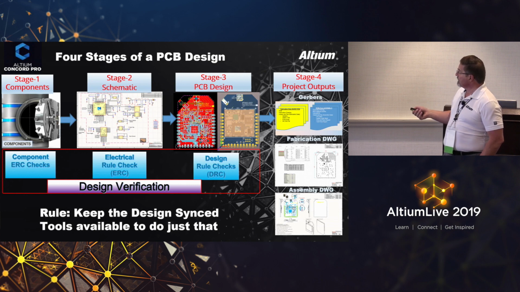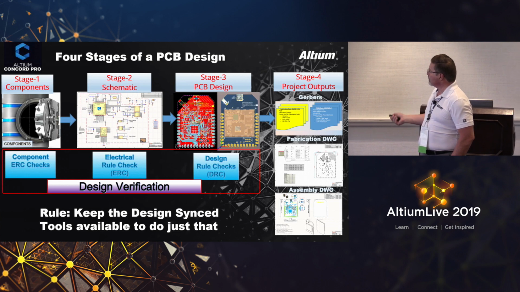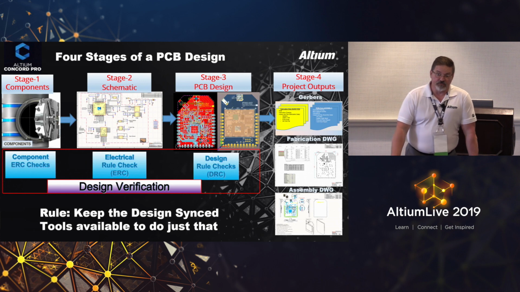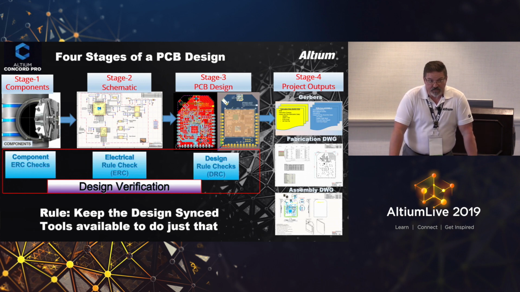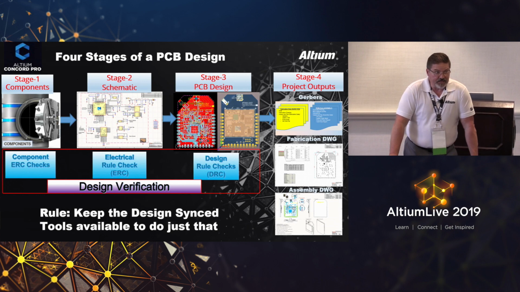That output becomes the input, this output, input, and so on, all the way down the line. You want to have a setup in your design process that will verify from the very beginning that your data is correct and you're working from good information. Don't assume anything.